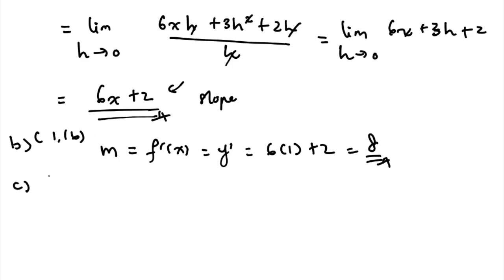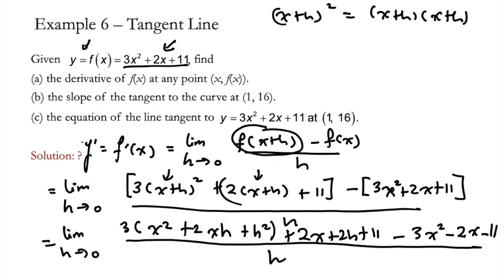Now move to question C. We have found slope. The equation of tangent line to y equivalent to 3x squared plus 2x plus 11. Perhaps, because I haven't checked how it looks like, let's say it looks like this. Let's say the point is here. I'm not sure whether it looks like this or like this. It needs another topic to determine whether this function looks like a bowl, or an upside down bowl.